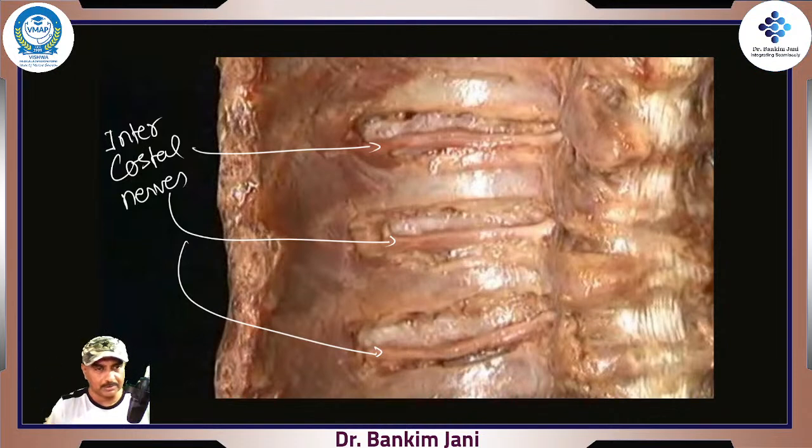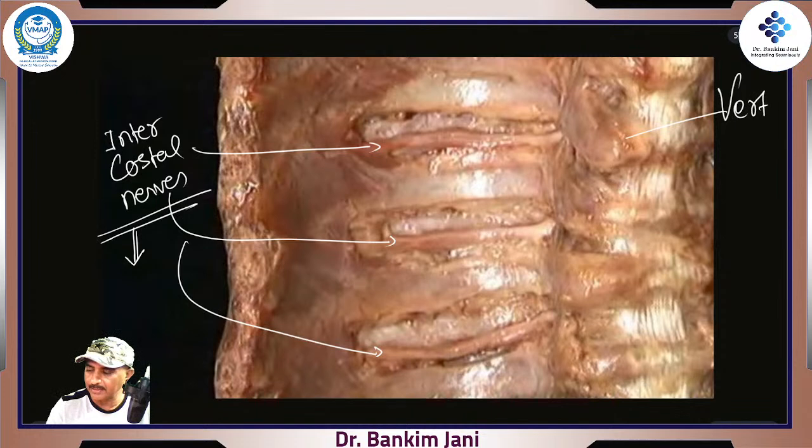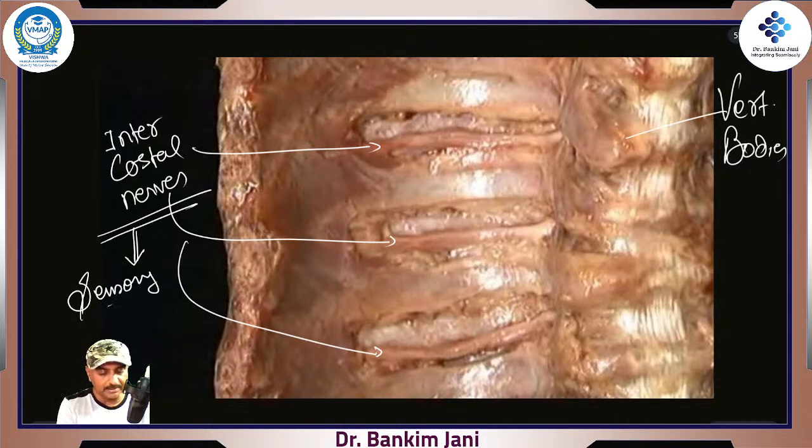All into those spaces. What will these intercostal nerves be doing? What would be their function? Well, their function is both sensory as well as motor. These are like vertebral bodies, right? So when we say sensory, it will be carrying sensations.